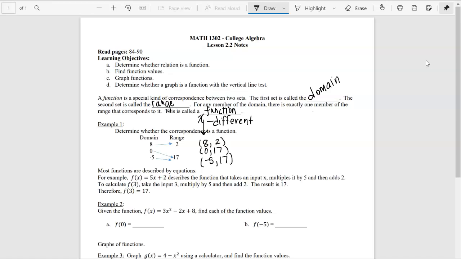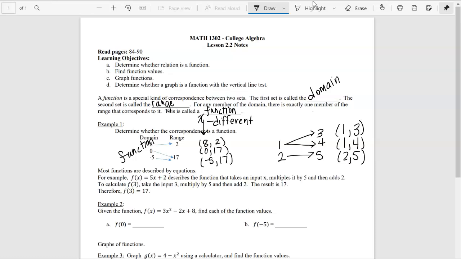So I'm just going to write function. Now if we wrote one like this, and we had 1, 2, and we had 3, 4, 5, when we wrote these out, we would have the point 1, 3, we would have the point 1, 4, because we've got 1 going to 4 and a 3, and we would have the point 2, 5.